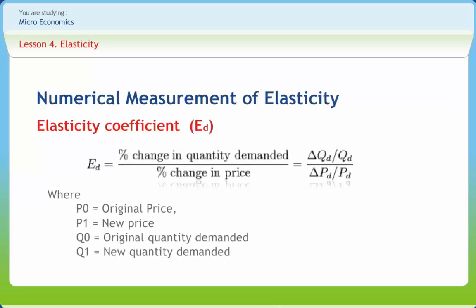Price elasticity of demand equals percentage change in quantity demanded divided by percentage change in price. The key differences between these are: first, price is in the numerator and quantity is in the denominator for slope. In contrast, quantity is in the numerator and the price is in the denominator for elasticity. At the very least, slope is the inverse of elasticity. When one is bigger, the other is smaller.